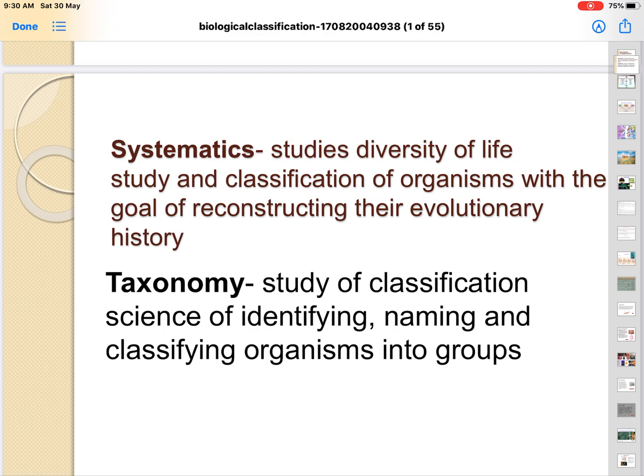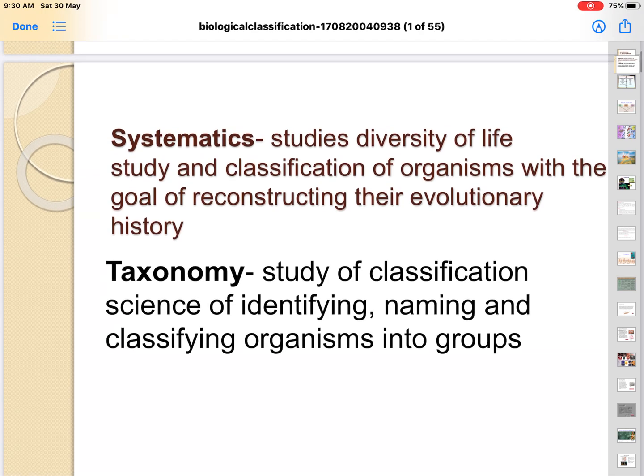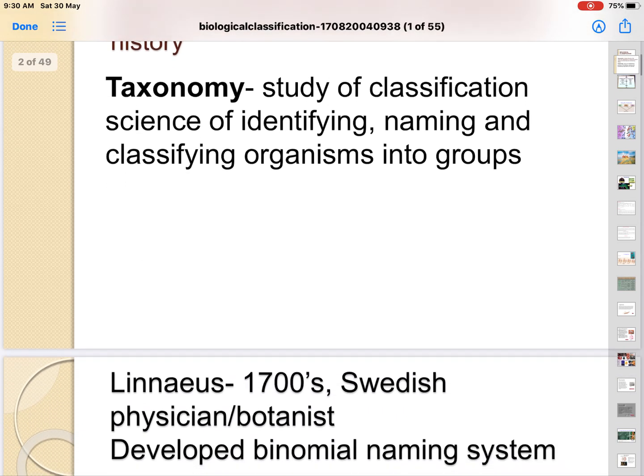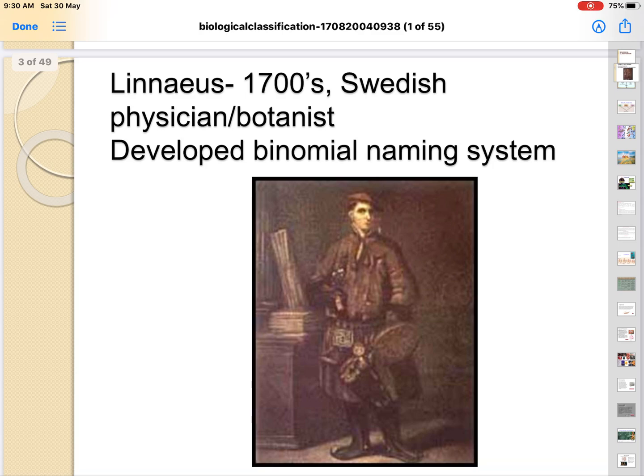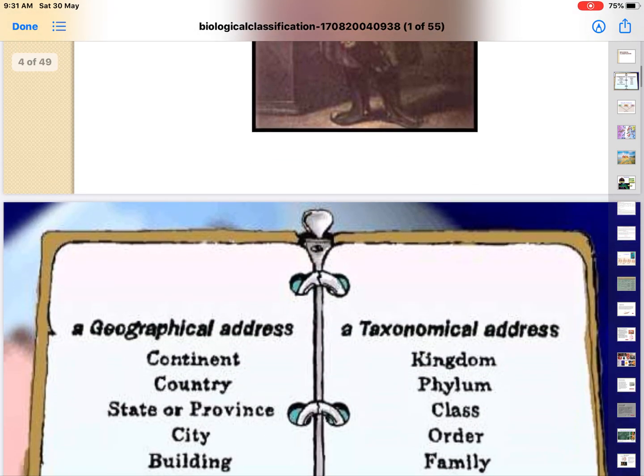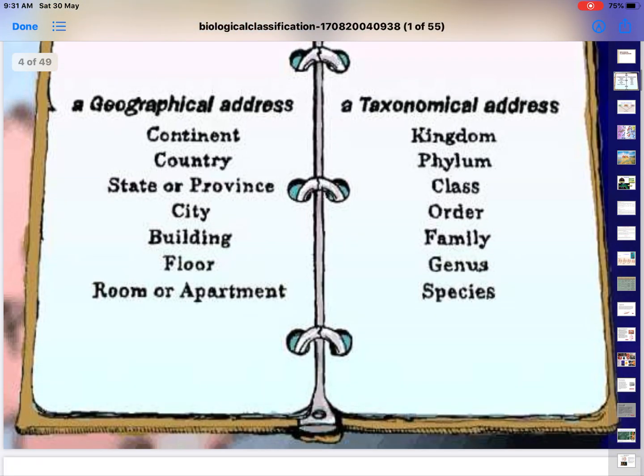And the science based on identification, nomenclature, binomial nomenclature particularly, and classifying the organisms into groups is called taxonomy. With that background, we move ahead, and we are thankful to this gentleman called Linnaeus. He is the father of binomial nomenclature.